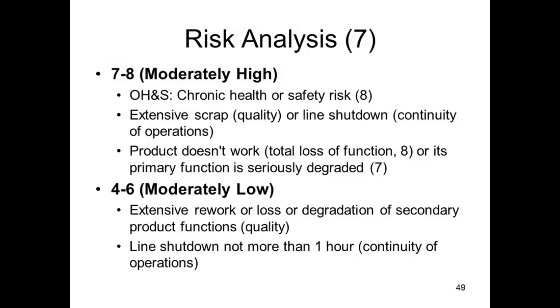And again, I'm assuming that that's something that's going to make itself known before it can cause actual harm. My personal inclination would be if it can cause harm to the worker without advance warning, then that has to be a 9 or a 10, because protection of the workers has to come first.